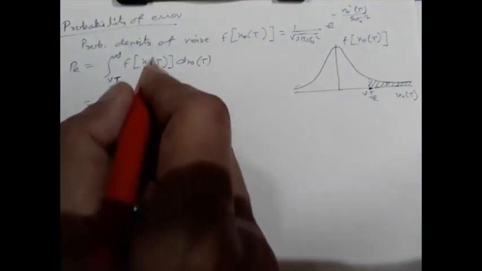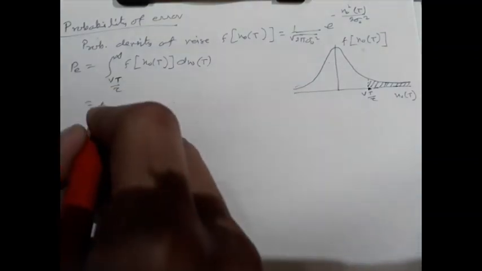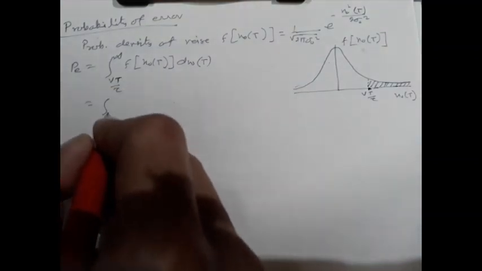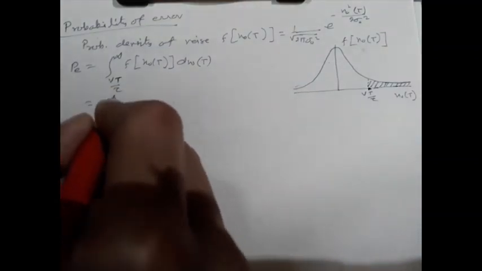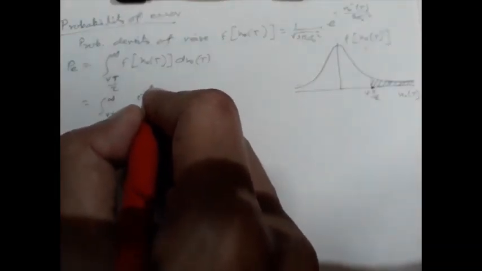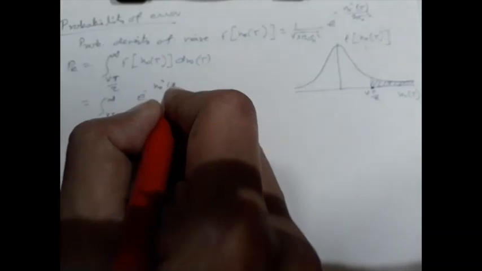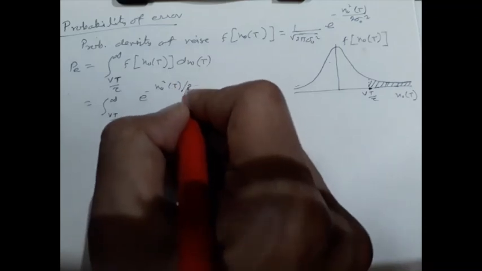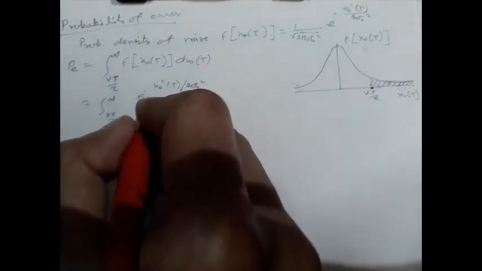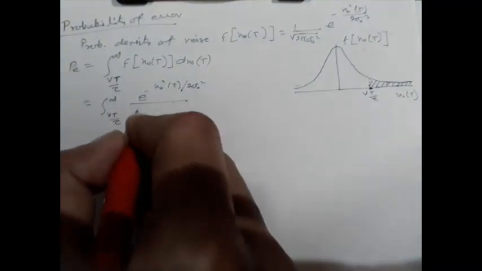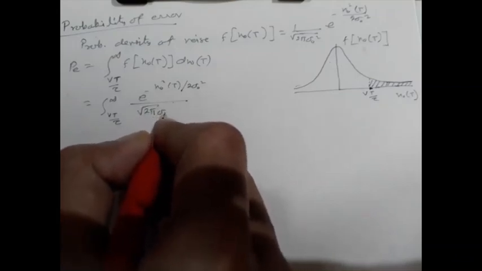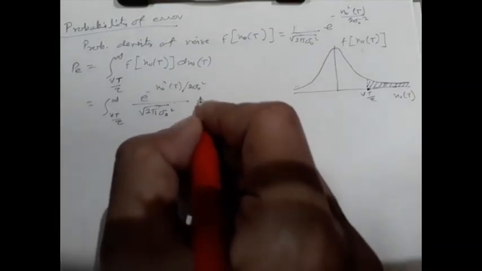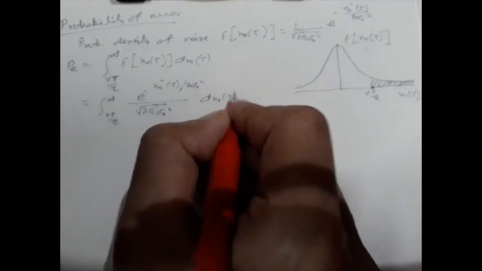Putting the expression of f(n0(t)) from here, you can write integral from VT by tau to infinity of e to the power minus n0 square (t) by 2 sigma 0 square, divided by root over 2 pi sigma 0 square, dn0(t).